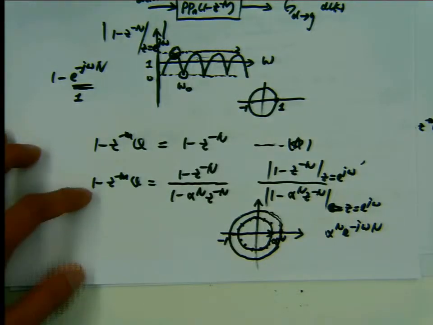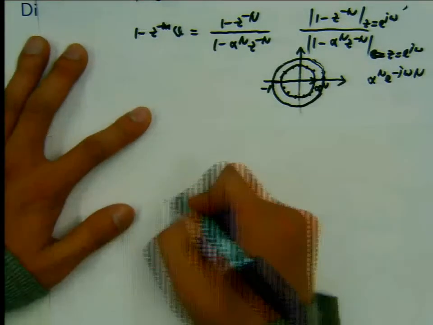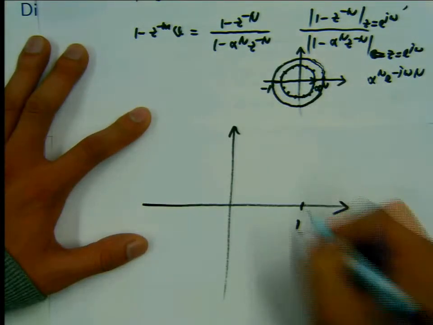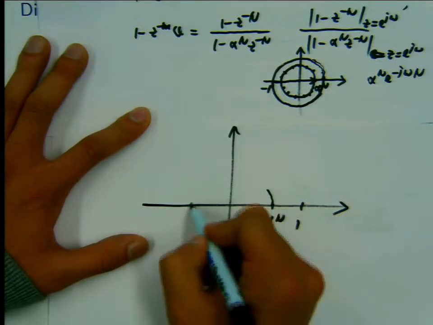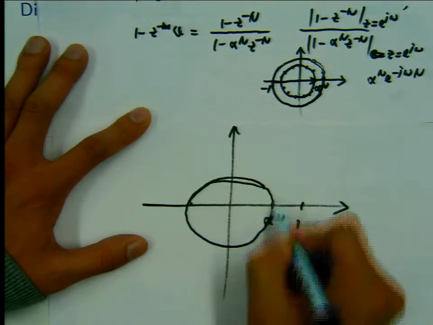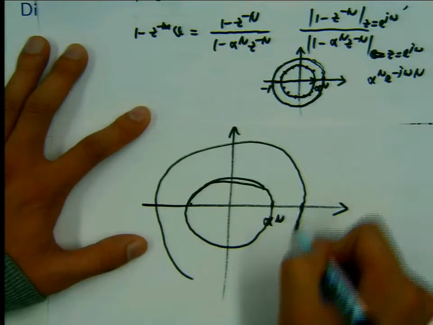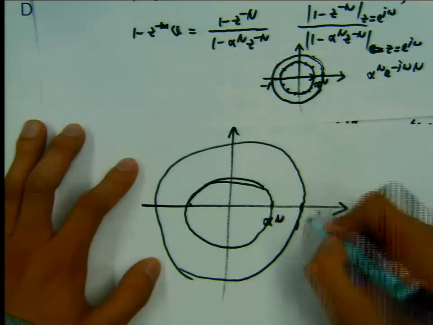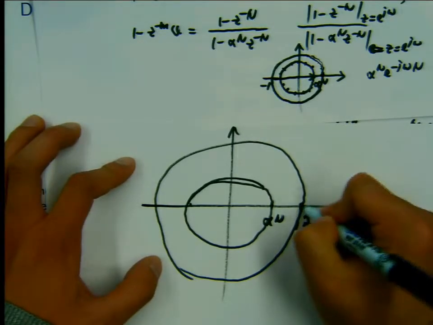It's going to be, draw a big picture, 1 and α^n. I have a circle. And then I have another circle. Oops. I can't draw. So it's going to be, yeah, you just do this magnitude response evaluation.